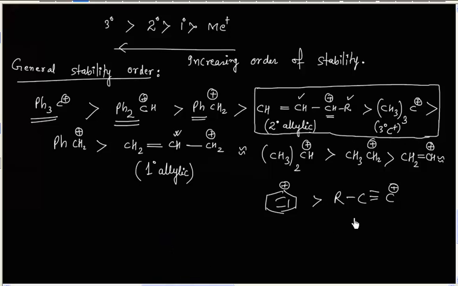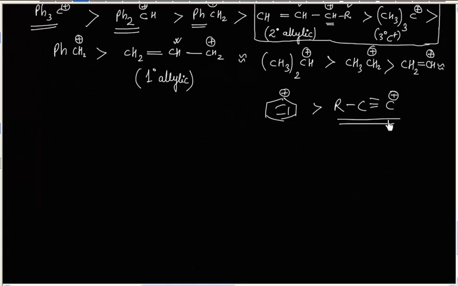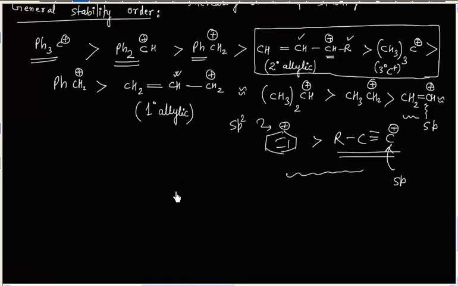Now similarly, the acetylic is the least stable carbocation, because in this case positive charge we have on sp hybridized carbon. These are least stable because this case also we have sp hybridized. In this case we have sp2 hybridized. So these carbocations are least stable. So these carbocations are very unstable. So if possible, you try to remember this table.